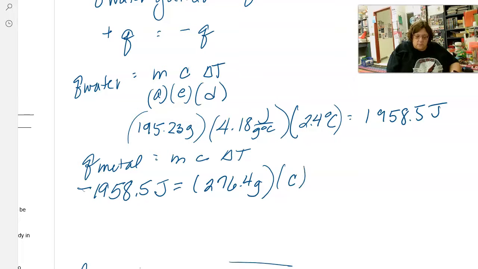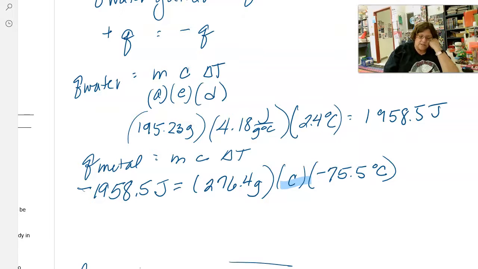Specific heat is what we're solving for, and temperature change, in this case, went from 101 to 25.5, so it was a change of negative 75.5 degrees Celsius. So we want to solve for the specific heat.